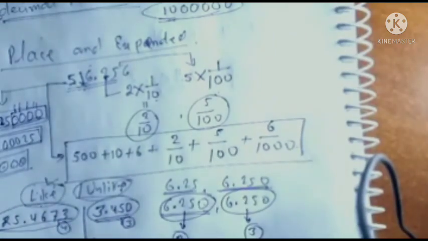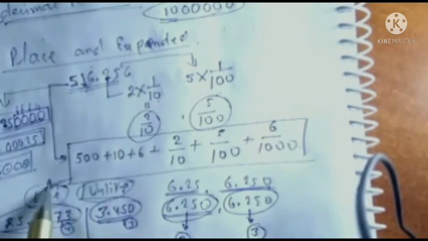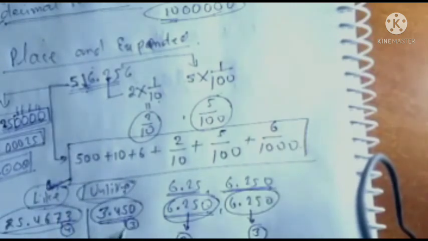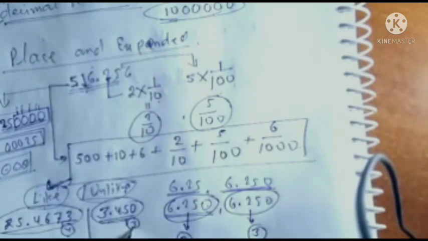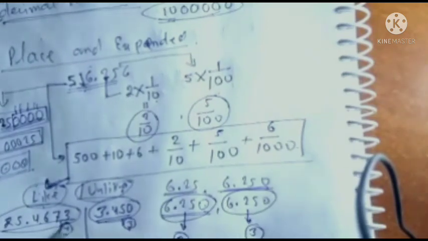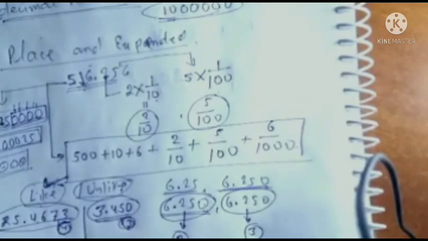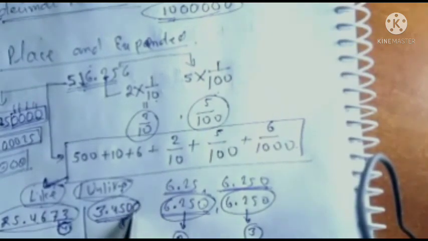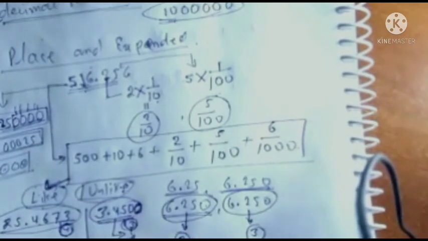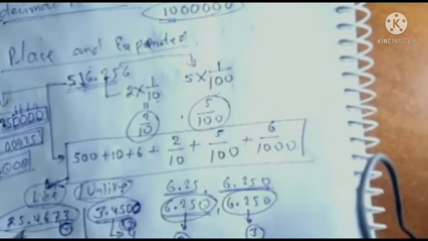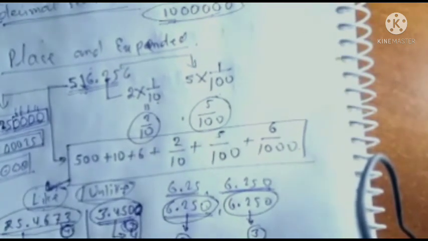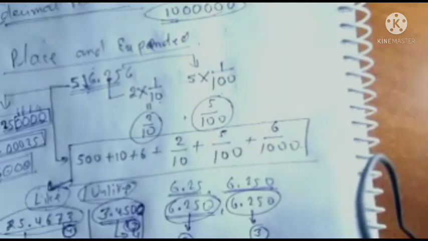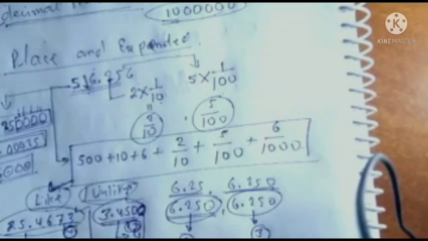Our main point is that to convert unlike decimal numbers into like decimal numbers, we have to make the decimal places equal. So our first step is to make the decimal places equal. We easily place a 0 here, and now its decimal places will be 4. This number has 4 decimal places and this number also has 4 decimal places, and we can conclude that these two decimal numbers are like decimals.